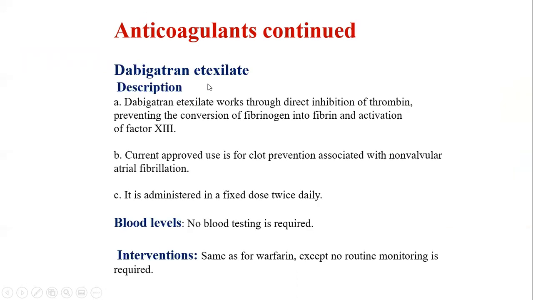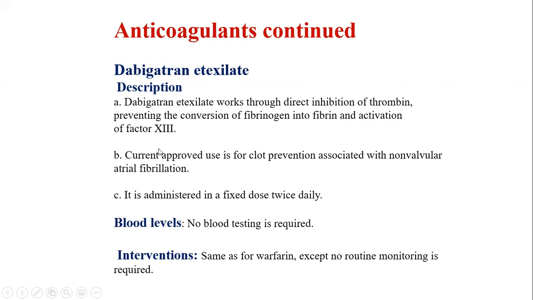Another anticoagulant is called dabigatran. Dabigatran works through direct inhibition of thrombin, preventing the conversion of fibrinogen into fibrin and the activation of factor 13, right?